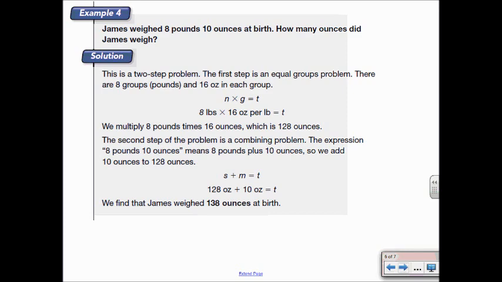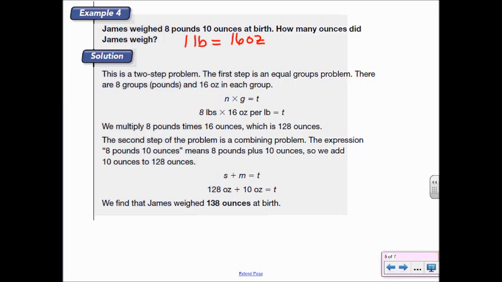Example 4 says James weighed 8 pounds 10 ounces at birth. How many ounces did James weigh? If we look at our table, we know that 1 pound is equal to 16 ounces.